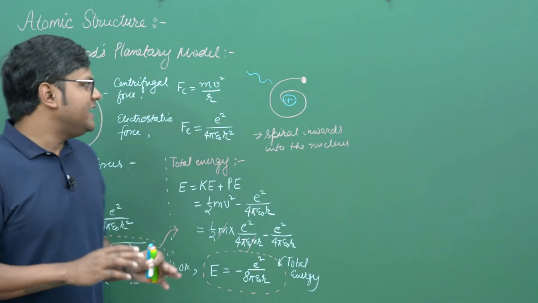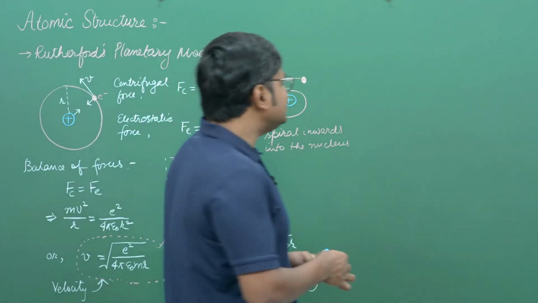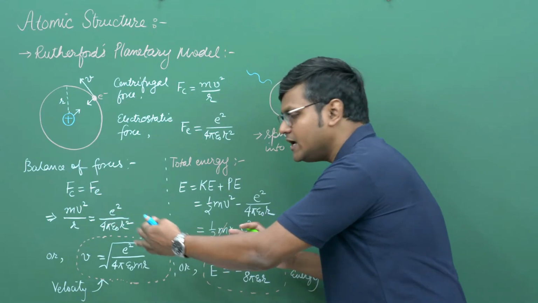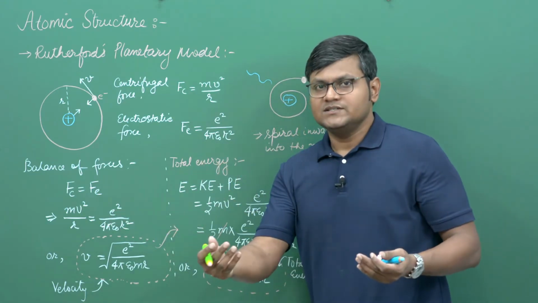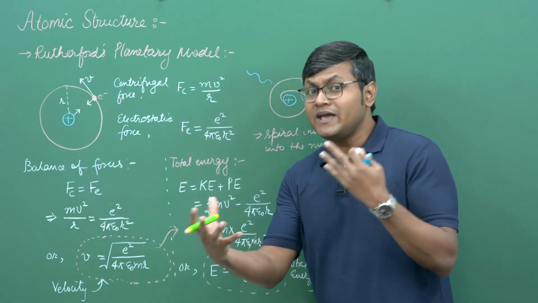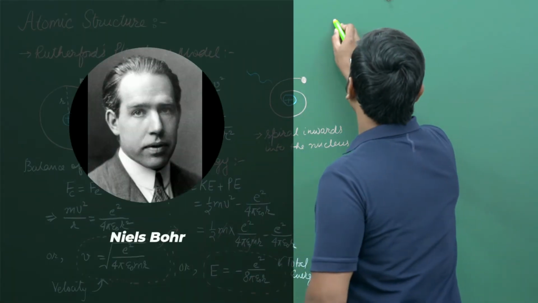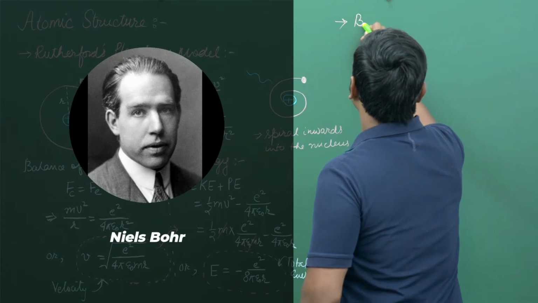The Bohr model was given by Niels Bohr, where he combined the classical ideas of physics with some quantum ideas to create an overall semi-classical quantum model of the atom. So let us discuss the Bohr model of the atomic structure.